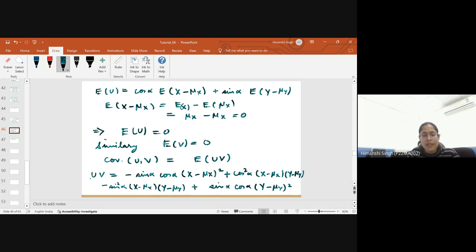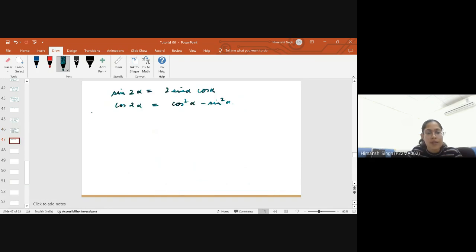So expected value of uv will be minus sine alpha cos alpha into expected value of x minus mu x whole square.